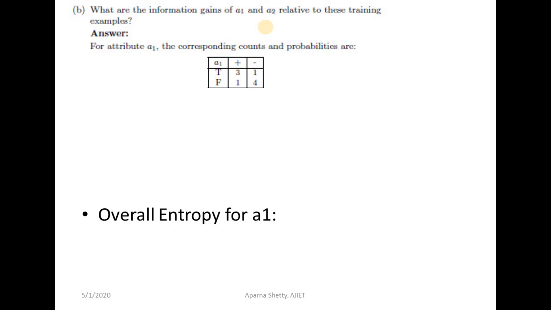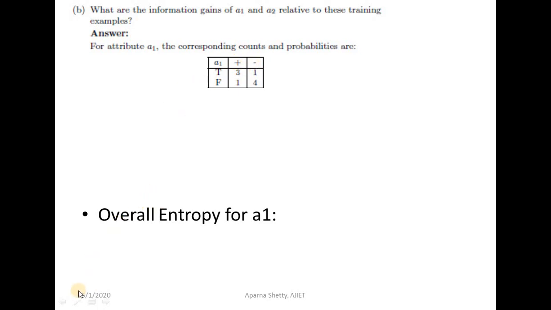So if asked to calculate the information gain, remember to use entropy for calculating the impurity. Now for node A1 you have to count the number of records that belong to plus and the number that belong to minus.